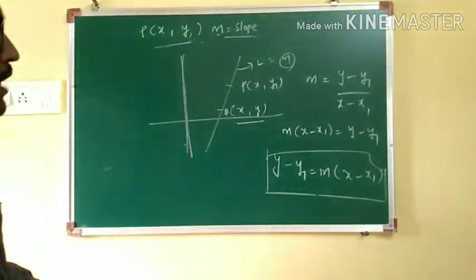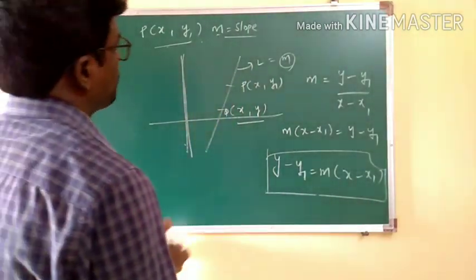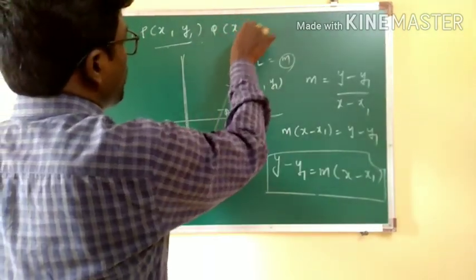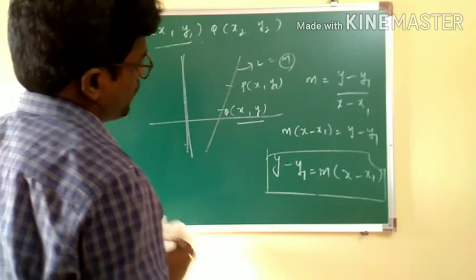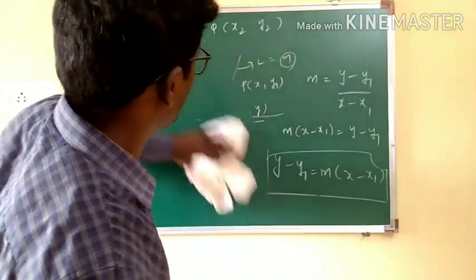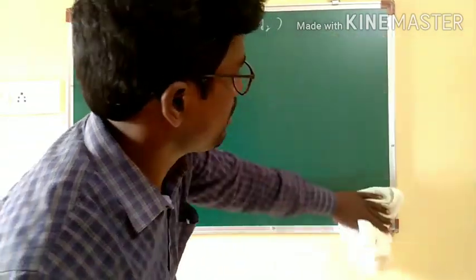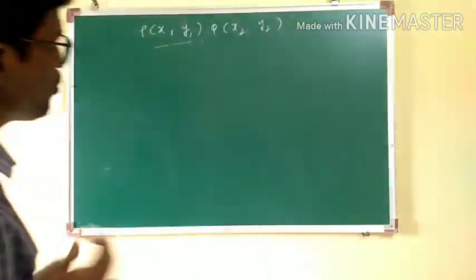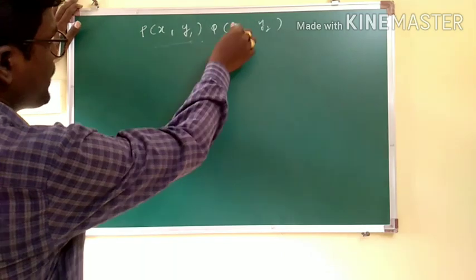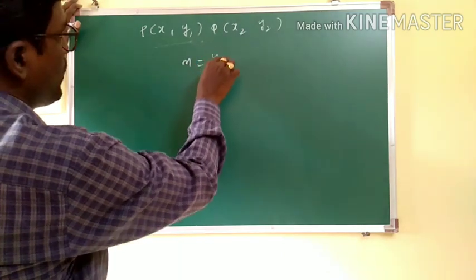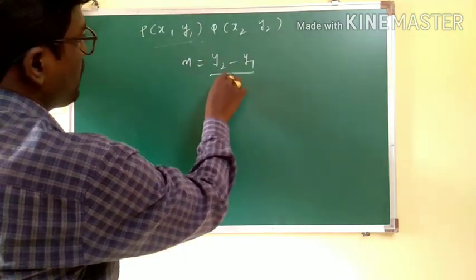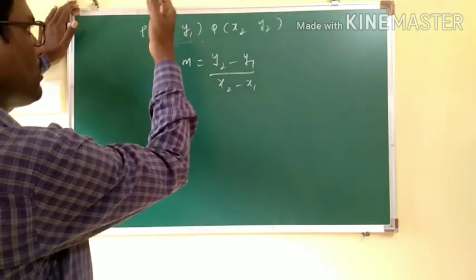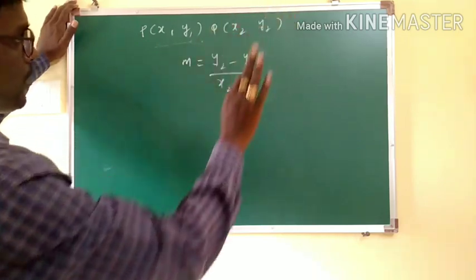Similarly, if you are given 2 points instead of the slope, let's say P(x1, y1) and Q(x2, y2), then what will you do? You need not go for any new case. You can take its slope directly. m is equal to (y2 minus y1) by (x2 minus x1), and the line is passing through either (x1, y1) or (x2, y2), anything you can take.